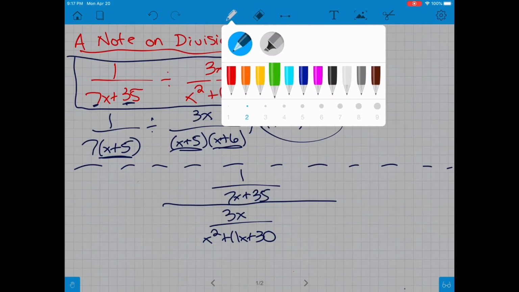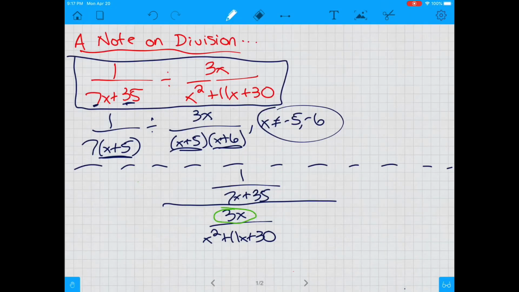Well, 0 is a big problem because if that numerator is 0, this becomes all over 0. And 0 gives this entire expression an undefined value because it makes the denominator of the whole big expression 0. So a lot of times those extra excluded values come from looking at the big picture, looking at the expression as a whole versus looking at each of the individual numerators and denominators.